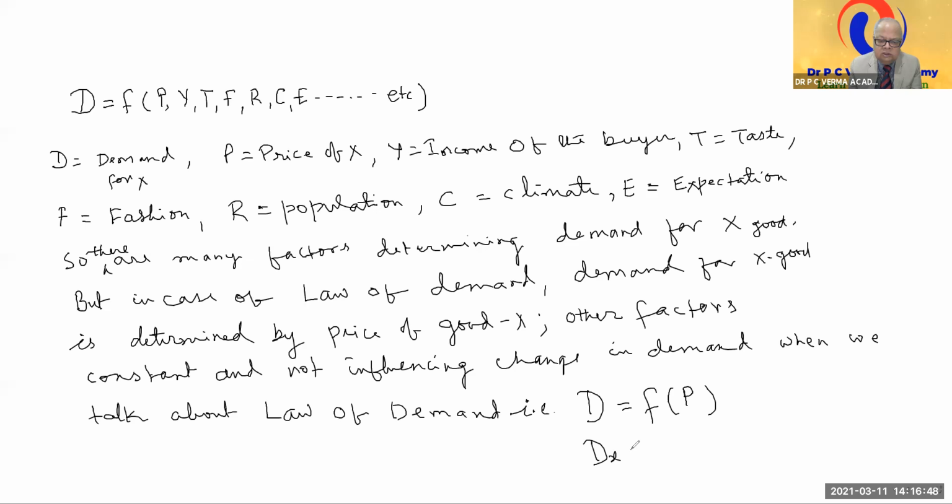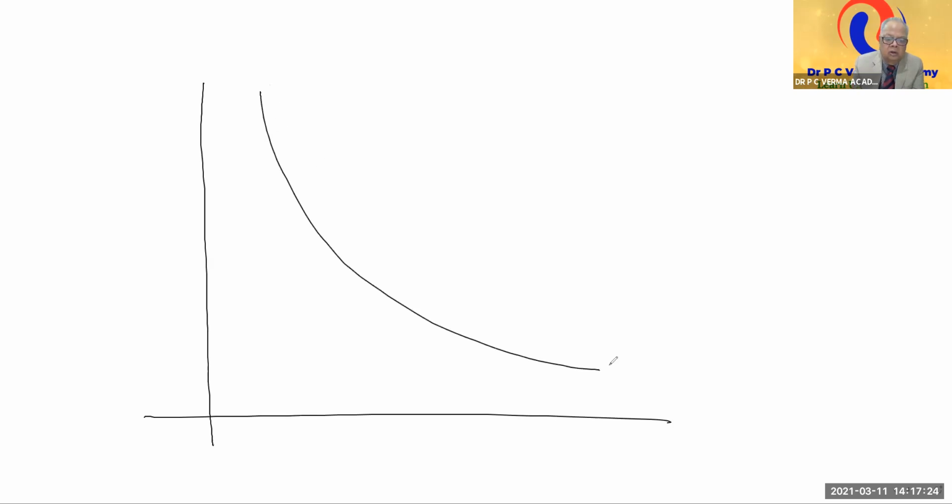Demand for X is a function of price of X. So any change in DX will depend upon PX. Demand for X depends upon price of X.